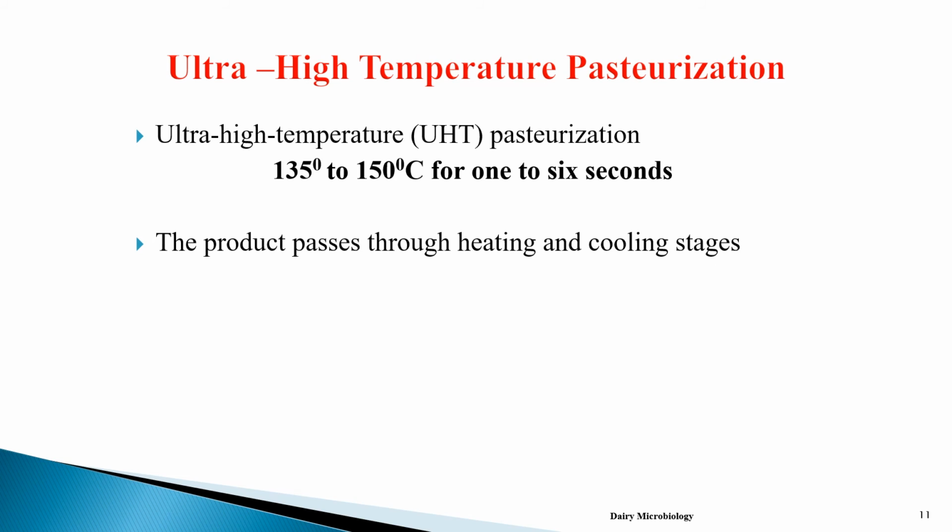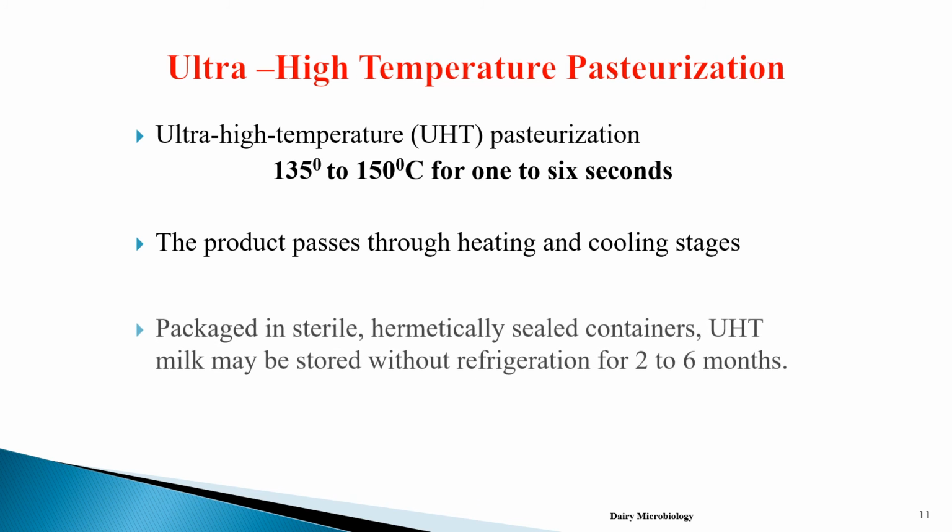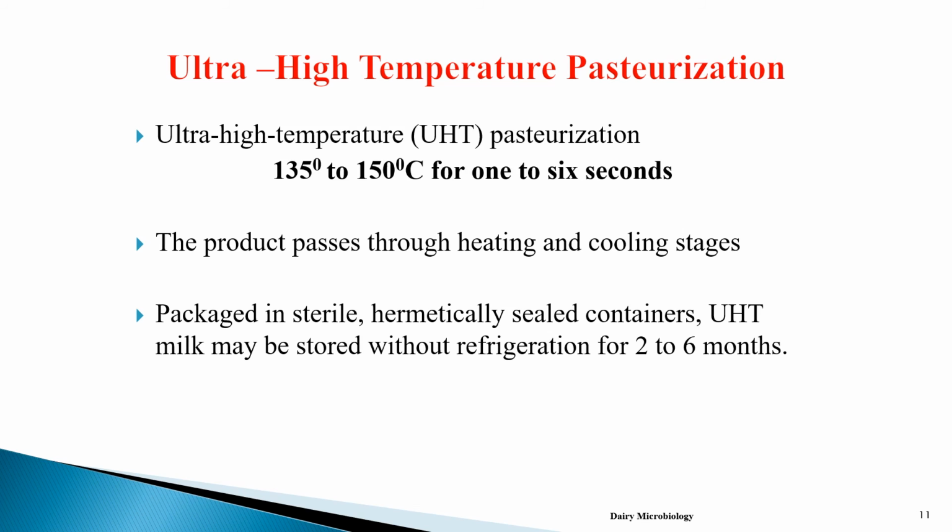During pasteurization, the product passes through heating and cooling stages. After pasteurization, milk can be packed in sterile, hermetically sealed containers, and this milk may be stored without refrigeration for 2 to 6 months without affecting the nutritive value of milk.